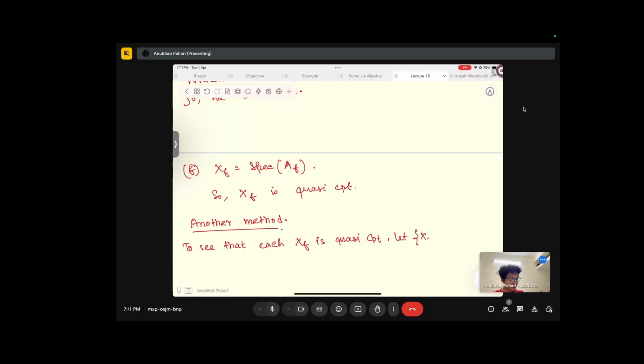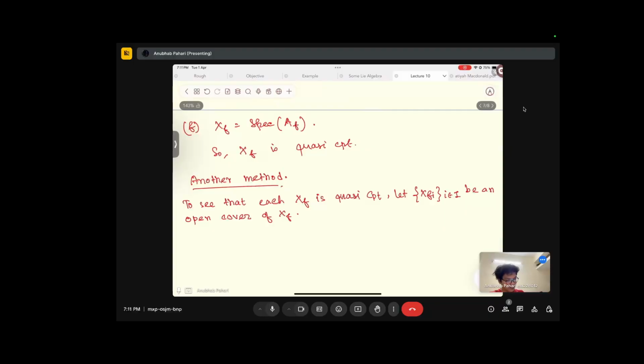Let Xfi, i in capital I, be an open cover of Xf. Then Xf equals the union over i of Xfi intersection Xf, which is the union of Xfi.